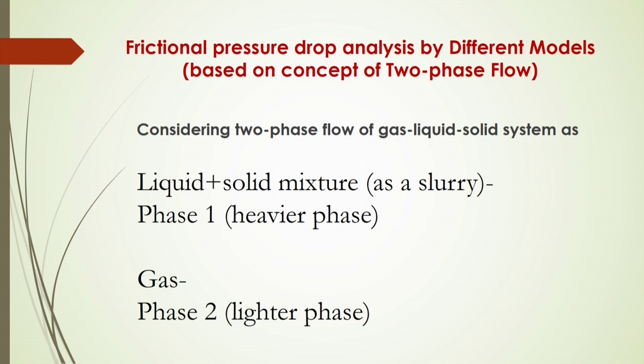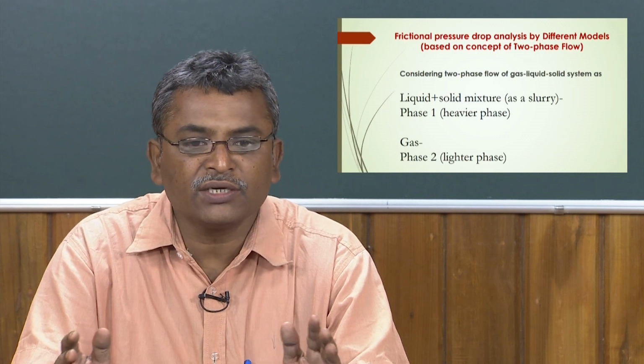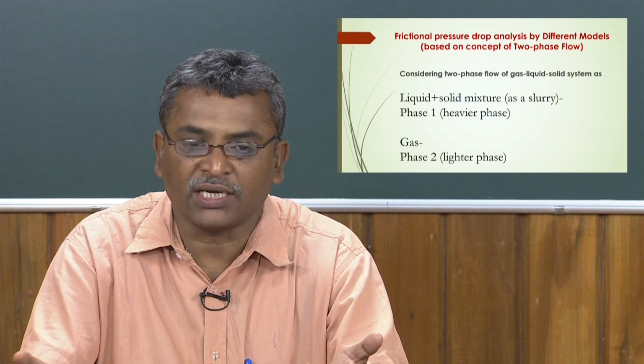Considering two-phase flow of the gas-liquid-solid system, the liquid plus solid mixture will be considered as a slurry phase, phase 1, which is the heavier phase, and gas will be considered as phase 2, the lighter phase. So, 3 phase will be converted to 2 phase by considering the liquid and solid mixture as one phase and gas as another phase.